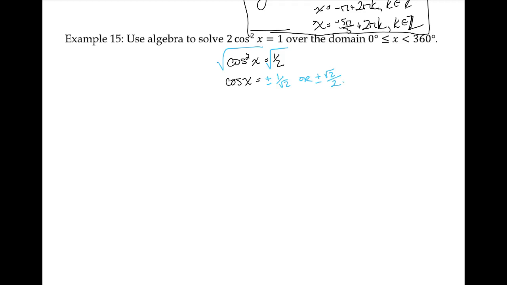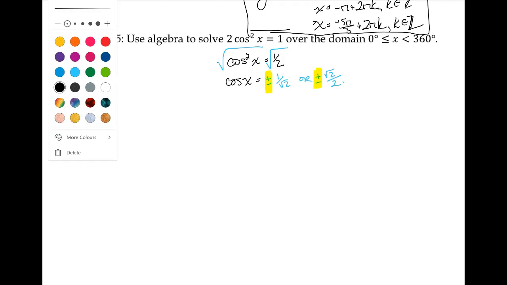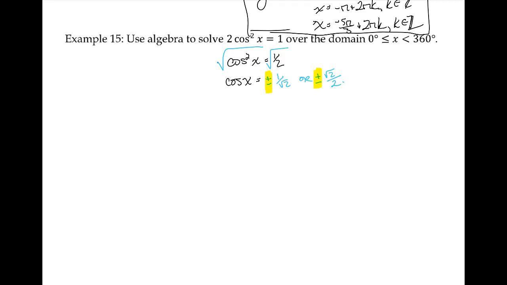Both are perfectly acceptable. But we need that plus or minus because we introduced the square root, so we don't know whether it produced a positive or negative value. Both are equally viable options.